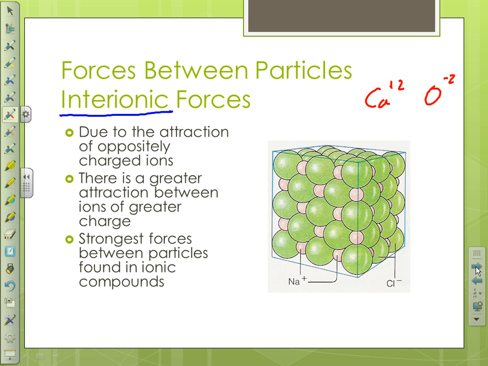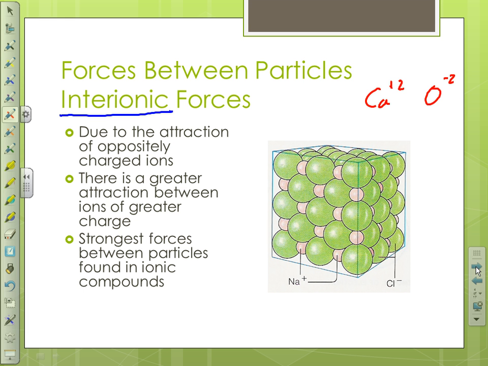Interionic forces are the strongest forces that we're going to feel out there between particles once they have formed bonds. So interionic forces are our strongest forces between particles.